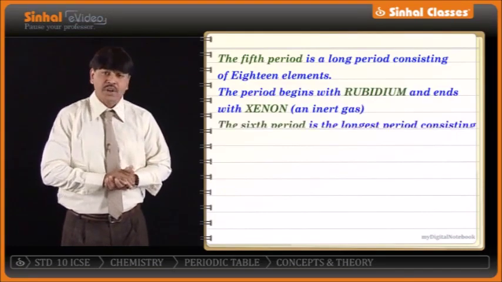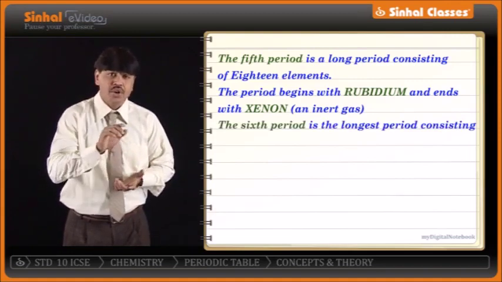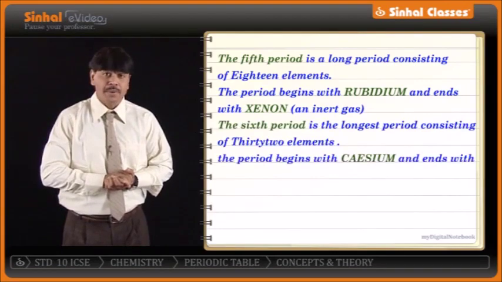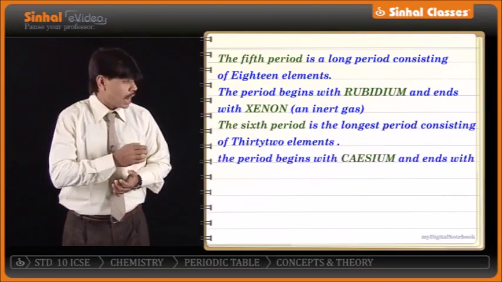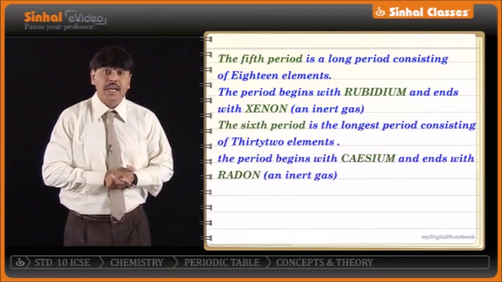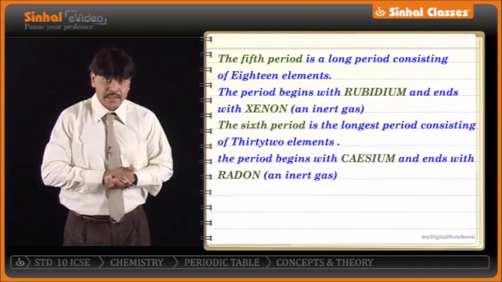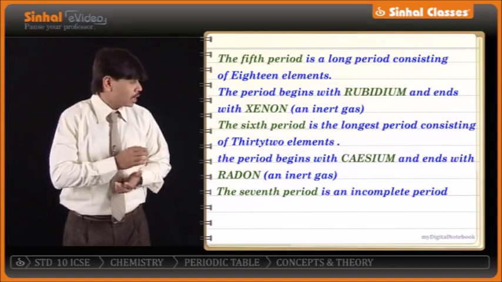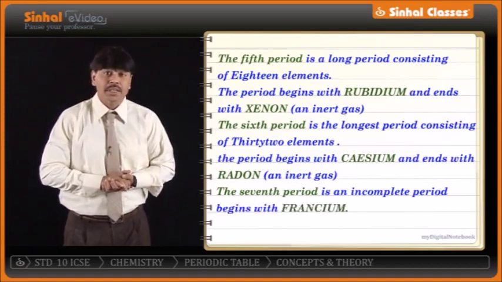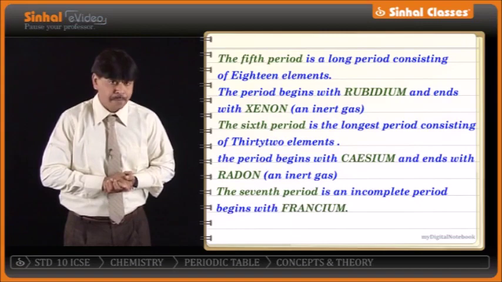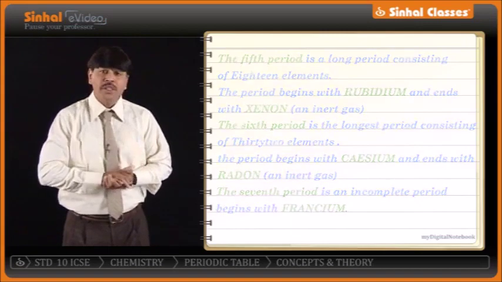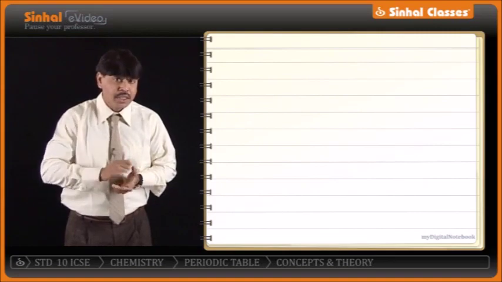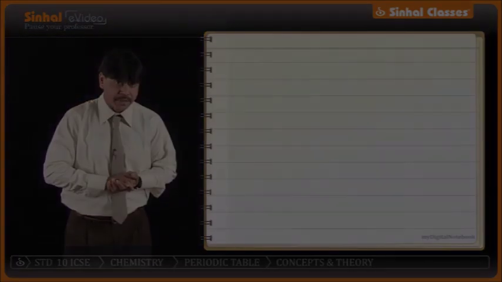The sixth period is called the longest period, consisting of 32 elements. It begins with cesium, atomic number 55, and ends with radon, having atomic number 86. Whereas the seventh period is called an incomplete period, starting with francium, having atomic number 87. Now, out of all these periods, the important periods for you are only the first, second, and third period.